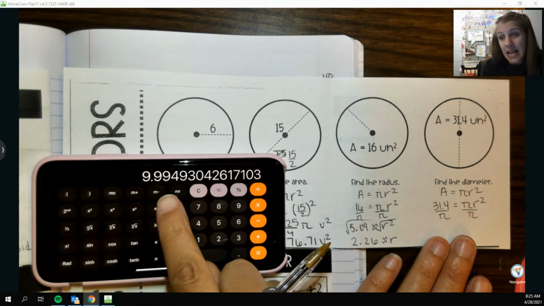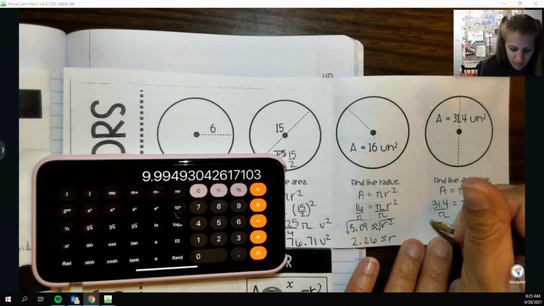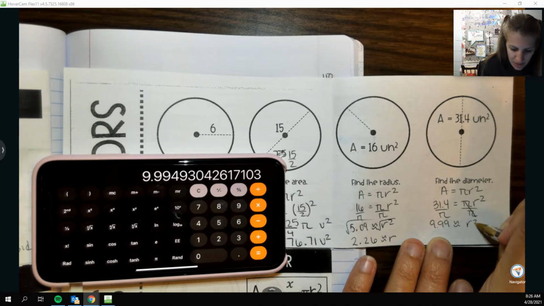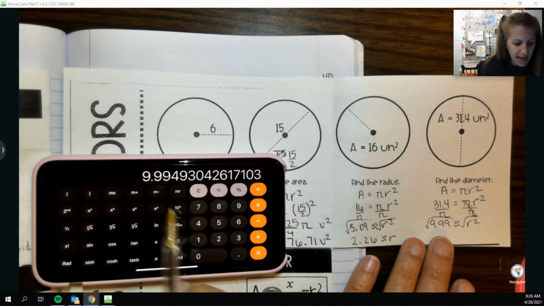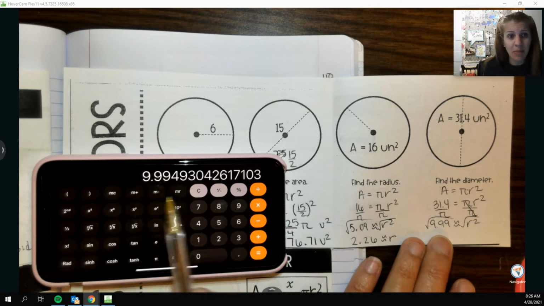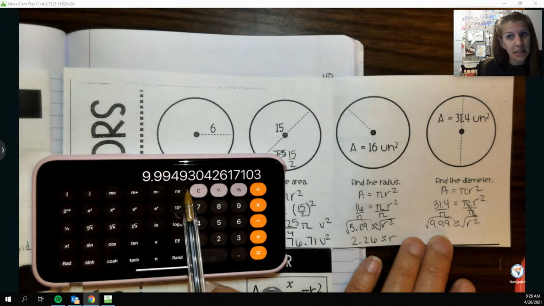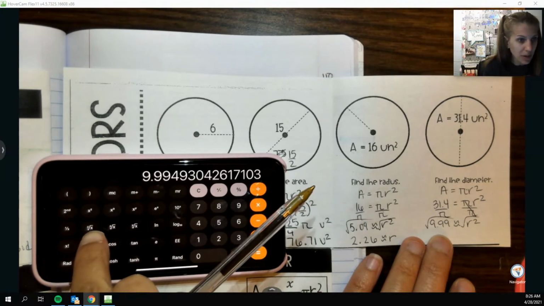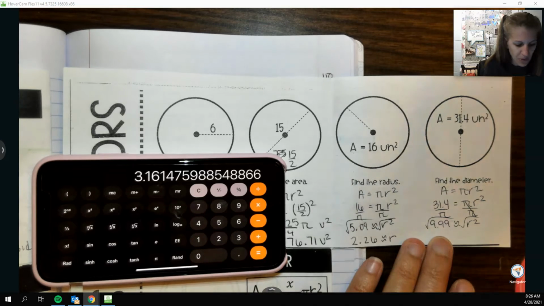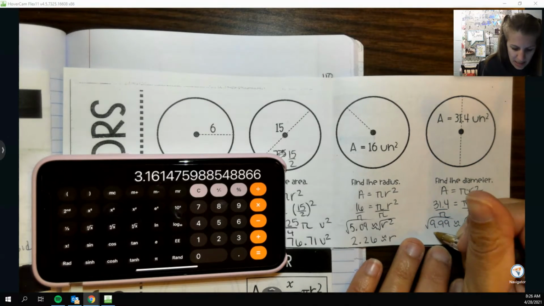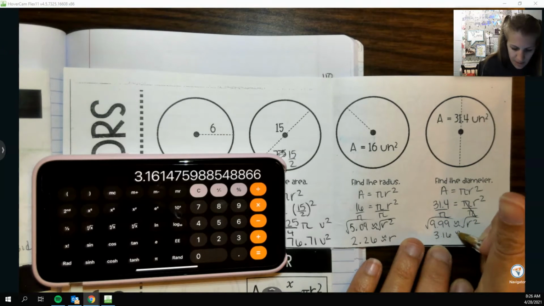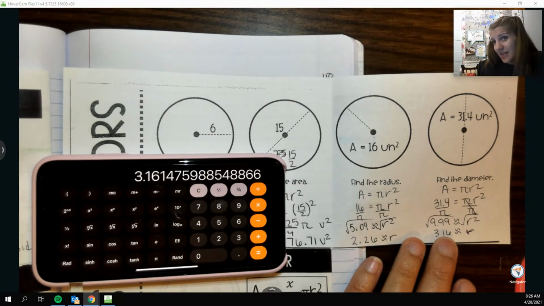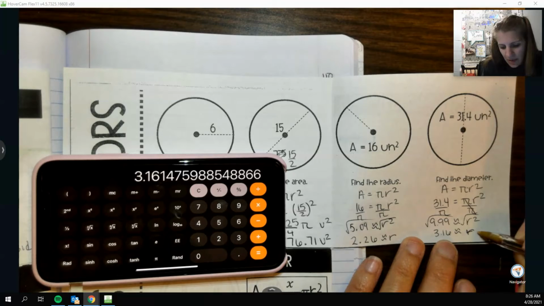So we're basically at 10 for the radius squared, and then we'll square root both sides. But again, I'm not going to square root 9.99. I'm going to square root all this. I like to leave it up on my calculator because that means I haven't rounded anything. So now I'll square root it. 3.16 is approximately the radius, but I want the diameter, which is double this.